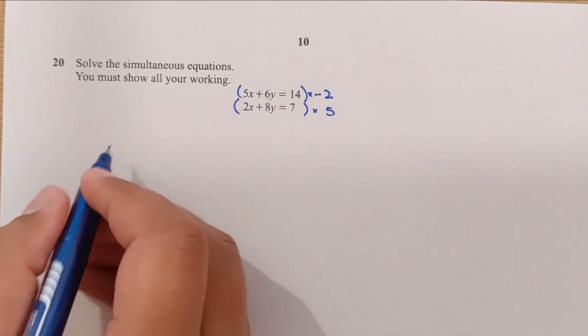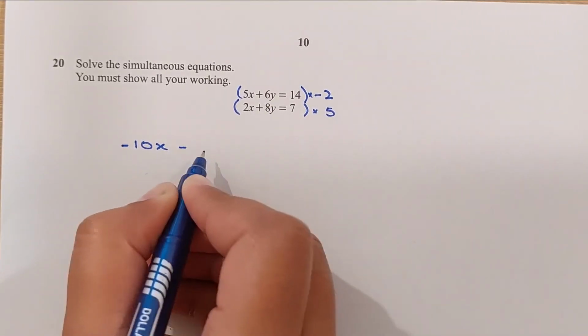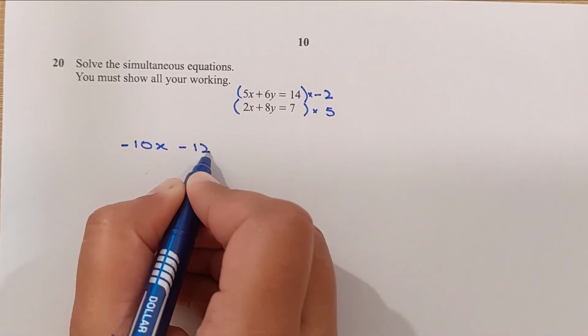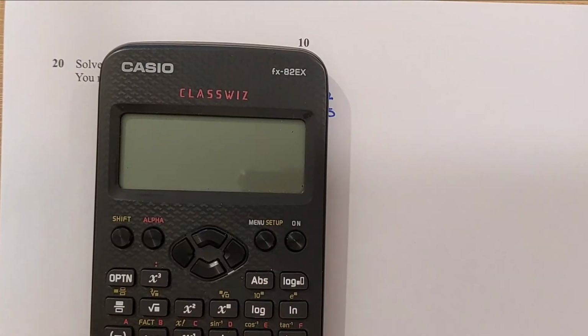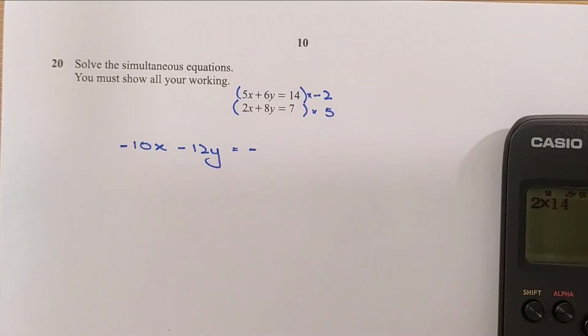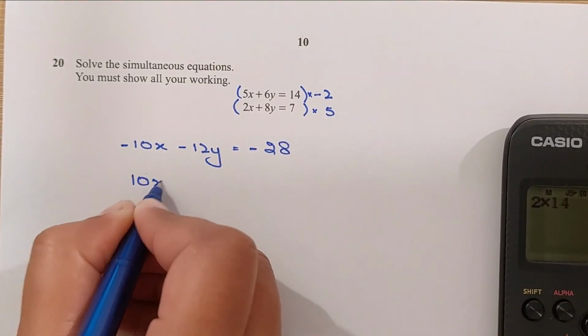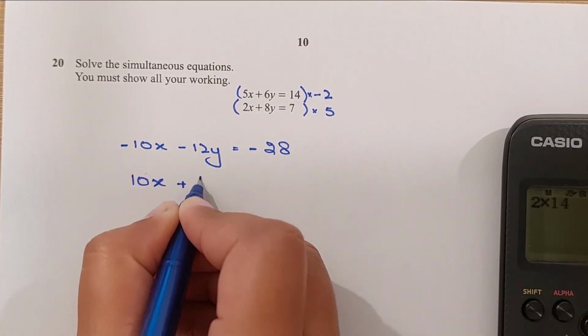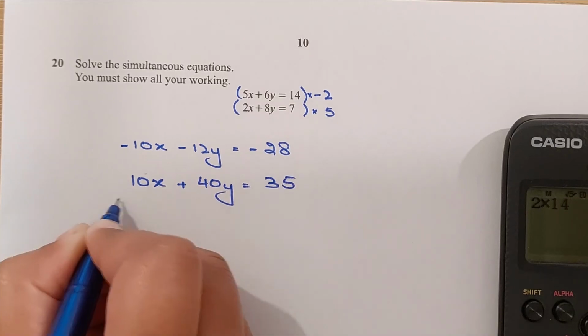So 5 times 2 times minus 5 is minus 10x, minus 2 times 6 is 12y equals minus 2 times 14, which is 28. And 2 times 5 is 10x plus 5 times 4 is 20y equals 5 times 7 is 35.